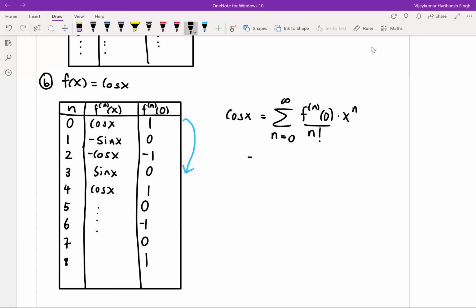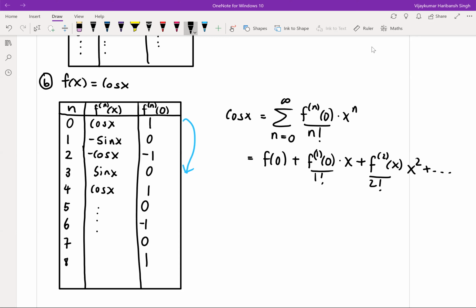Now, this can be written as f of 0 plus f1 prime of 0 times x over 1 factorial, plus f2 of 0 divided by 2 factorial times x squared, and so on and so forth.